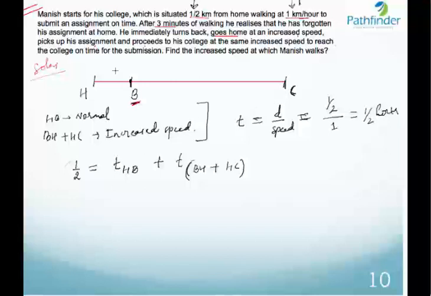So what is this time T(HB)? This we already know is 3 minutes. Now we need to calculate the time required to travel from B to H and H to C.